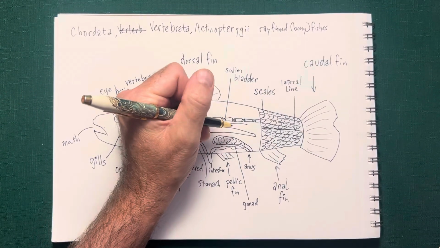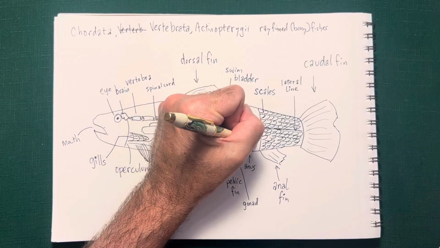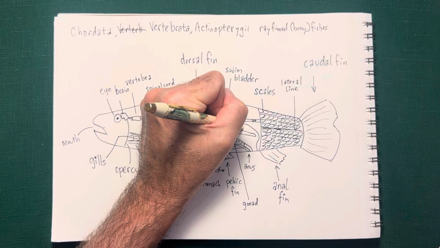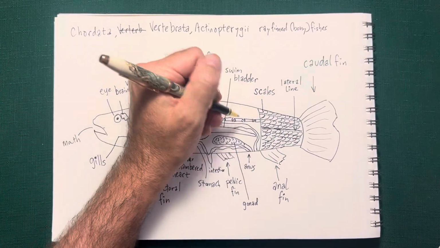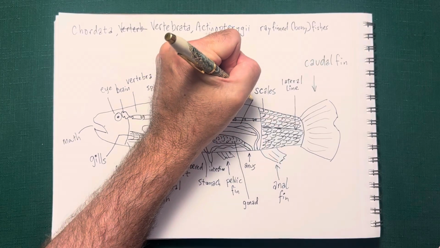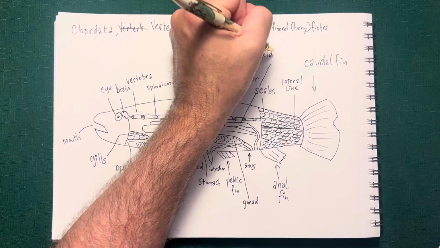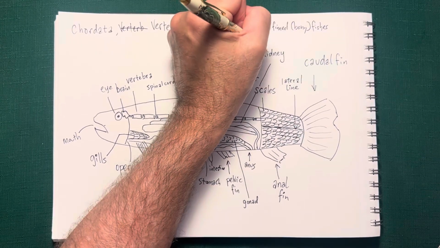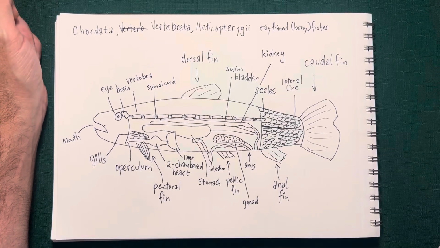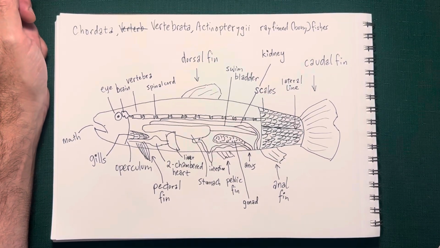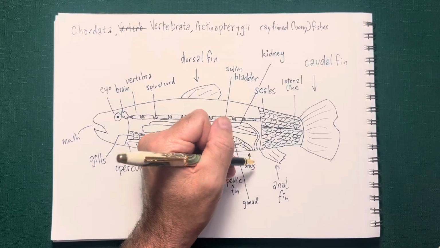And then tucked behind our swim bladder, as promised, there's one more structure that's going to empty out through that opening there. I'm going to go through scales all the way up here. This is going to be the fish's kidney. So no longer do we have nephrostomes and metanephridia. We've got a full-fledged kidney full of nephrons, etc. And that's going to empty out.